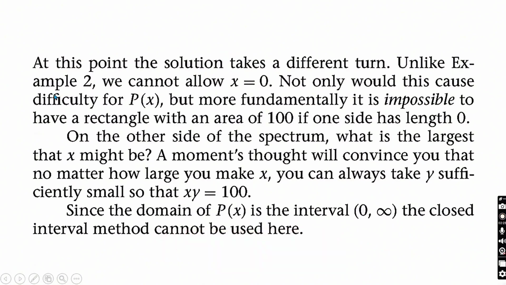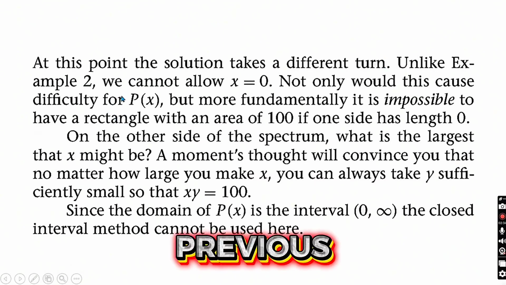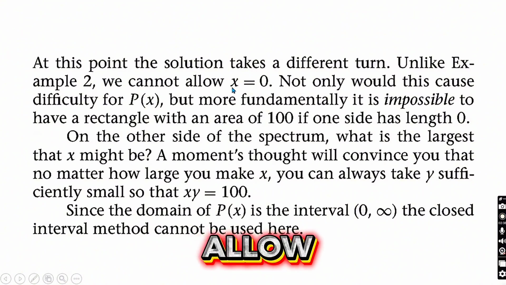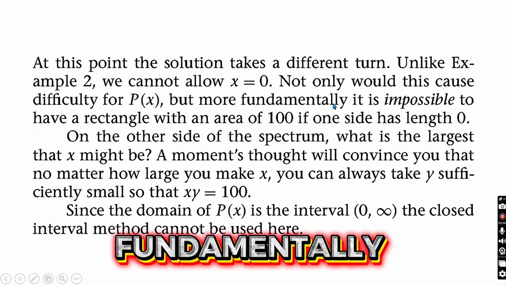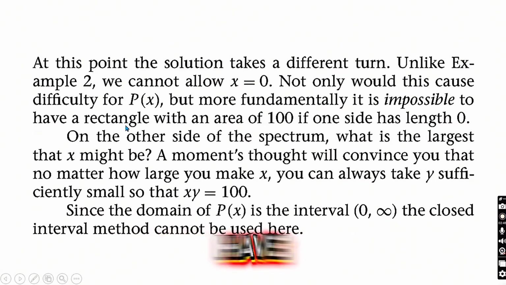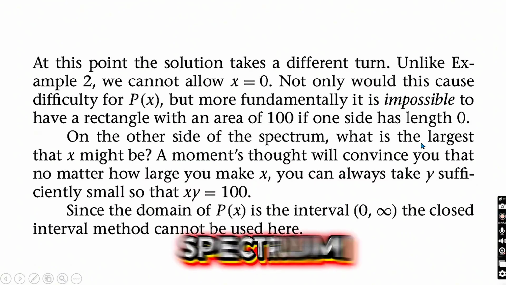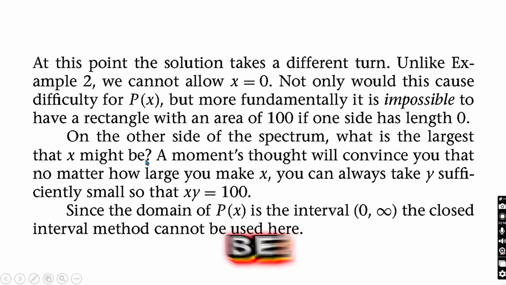So we'll continue. At this point, the solution takes a different turn. Unlike in the previous example, we cannot allow x to be equal to 0. Not only would this cause difficulty for P of x, but more fundamentally, it is impossible to have a rectangle with an area of 100 if one side has length 0. On the other side of the spectrum, what is the largest that x might be?